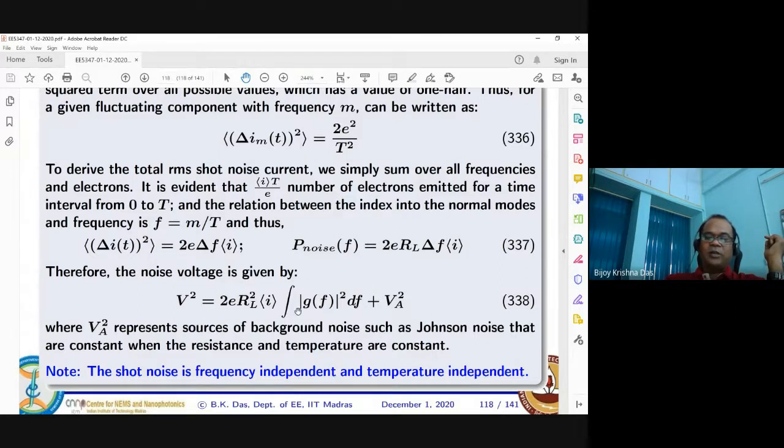For a particular band of frequency, you can get some constant value here. It's not frequency dependent. You are just integrating over it, and then it is a constant plus this term: average current, RL square, and 2e.